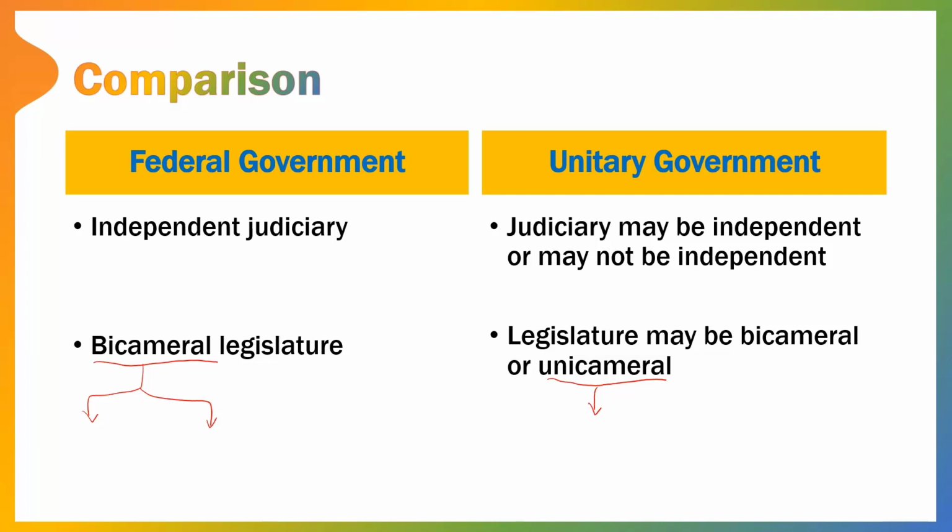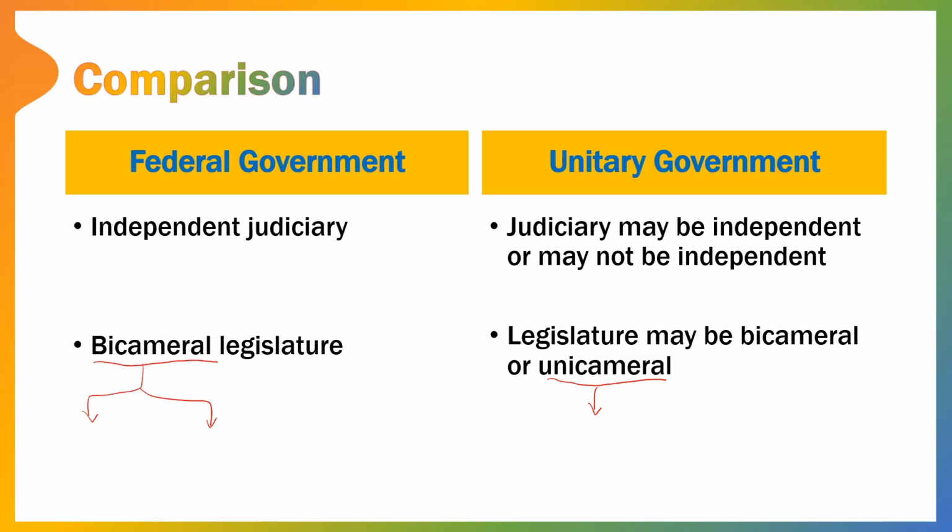Now, once again, let me revise everything. In the federal government system, we have two levels of government: the national government as well as the state government. Secondly, we have a rigid constitution in the federal government. We have a bicameral legislature as well as an independent judiciary.